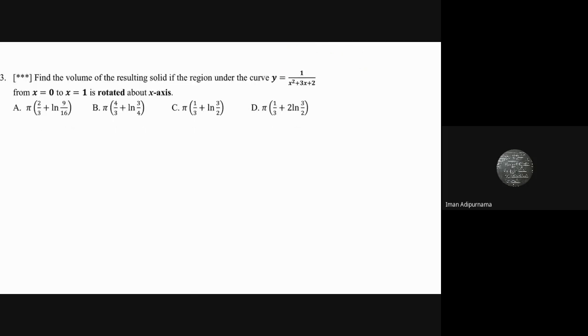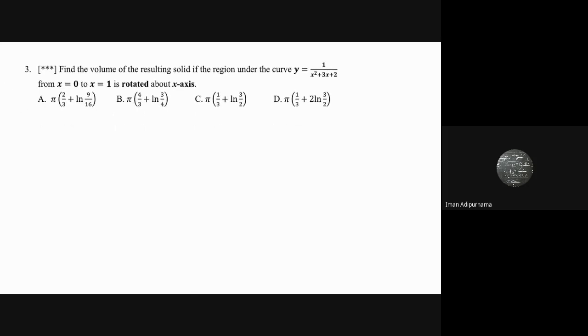Okay, if you want to solve this one, the idea is simple, but what you need to be careful about is the curve. If you look at the curve, you may think that we need to factorize if we can, so let's factorize.